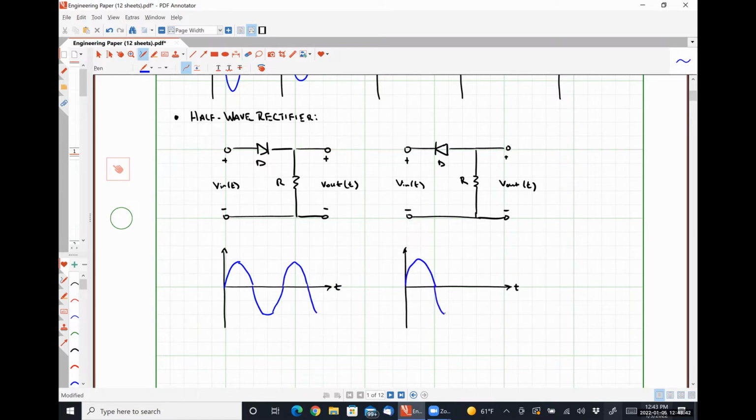So this blue curve is going to be our input signal, and its maximum value is what I'm going to call V_PK. So peak value, okay?